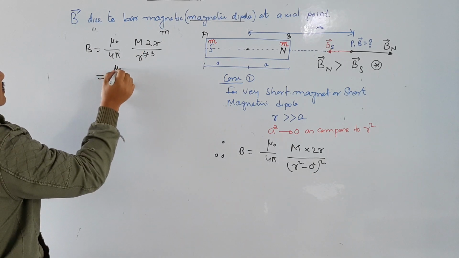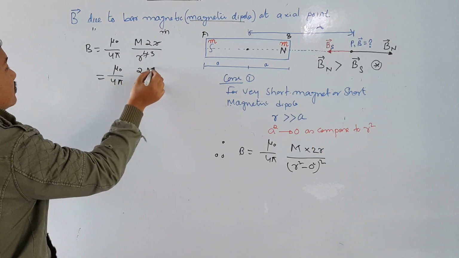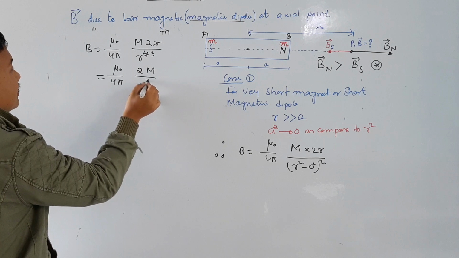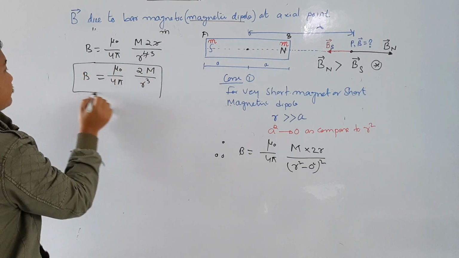So this is mu naught by 4 pi, 2M divided by R cube.